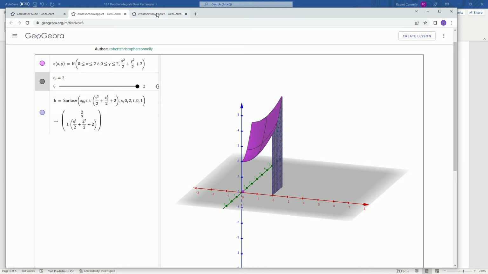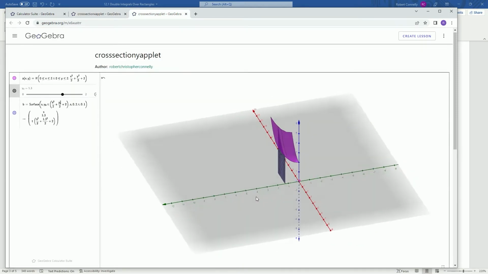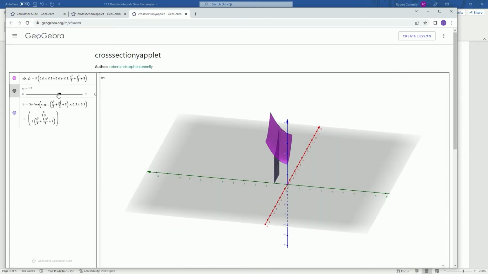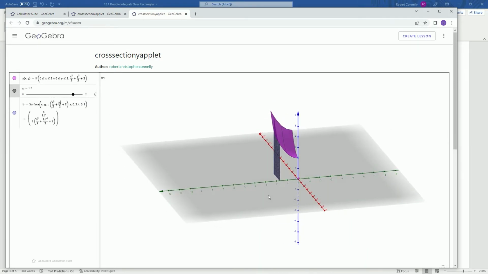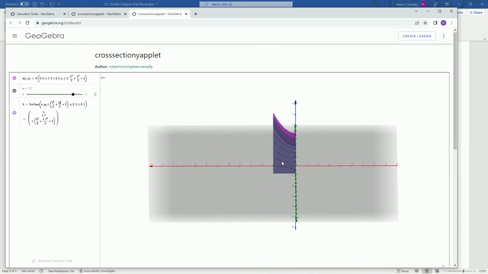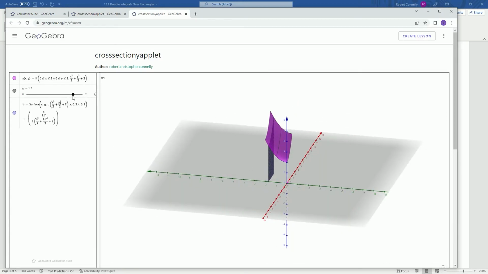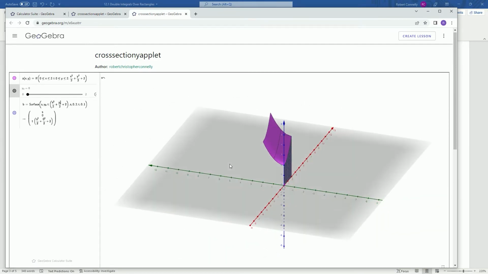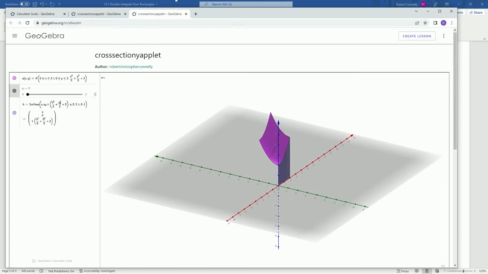And likewise, if we did the same thing but with the cross section here, we'll get the same volume, except here what happens first is your area is based on integrating with respect to x first, and then taking that area result and integrating it across the rest of the surface to generate the volume. So hopefully that makes some sense and helps you picture this idea a little bit better.